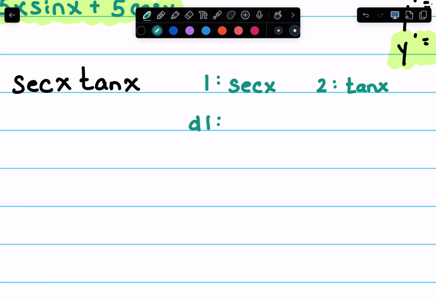So what's the derivative of secant? Secant x, tangent x. And then the derivative of tangent, why do I keep writing 3? It's because I'm looking at 2. Derivative of tangent is secant squared x.